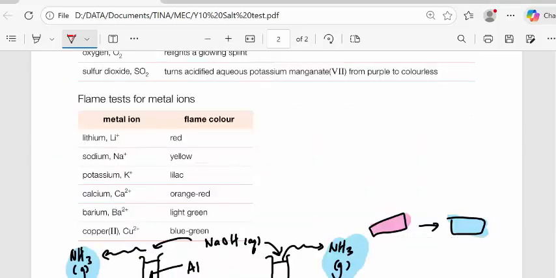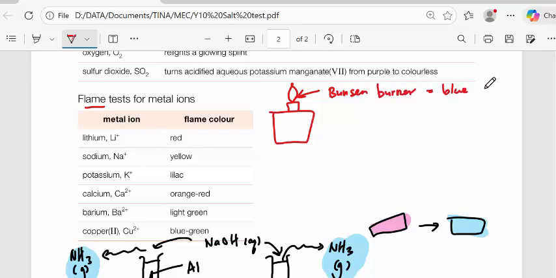The last thing I want to teach you today is flame test. Flame test is like this. You take a Bunsen burner. This Bunsen burner, you must use the blue flame, because blue flame is hotter. So you have a salt.